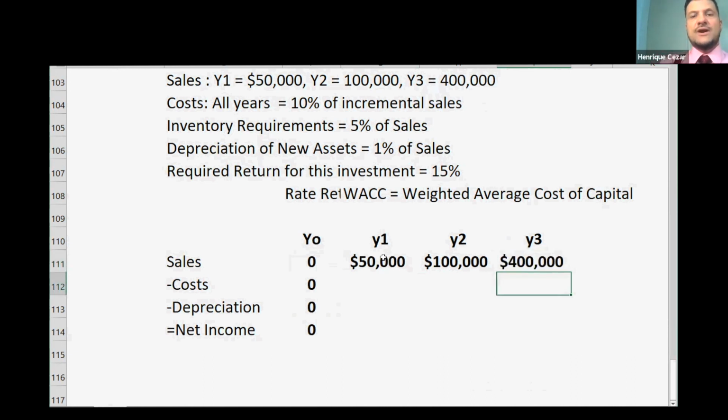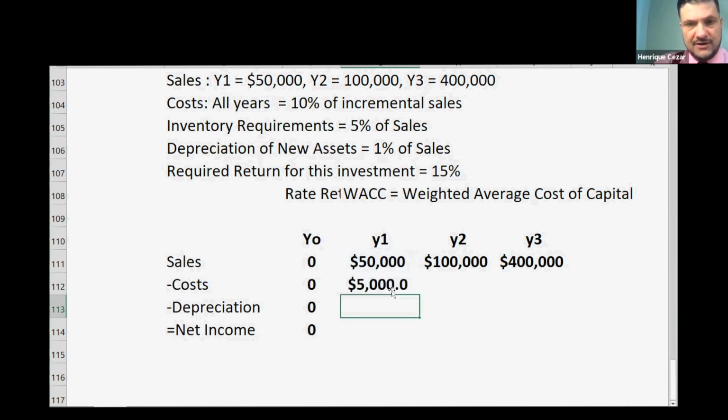$400,000. Right. What are your costs? Your costs are 10% of the sales, incremental sales. So all you have to do is this: get skilled enough on Excel, and it's about time for you to get these basic skills on Excel. Equal 10%, which you can put 0.1 times the, just click on the cell above.